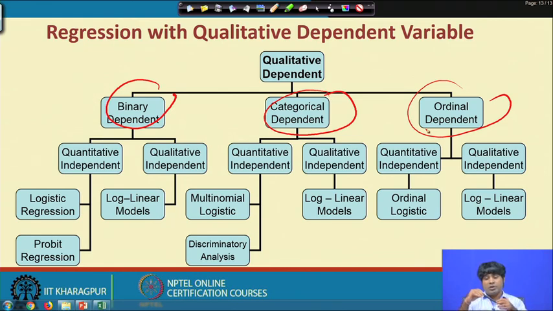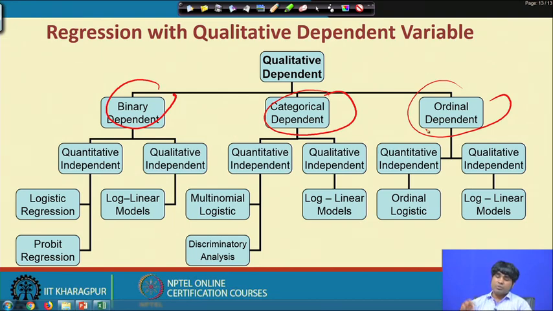Then ordinal dependent. Here we have the same labels but different kinds of rating, for instance good, better, best, very good, not so good, different levels of stars, typically a different scaling. We use the Likert scale for this kind of categorization.